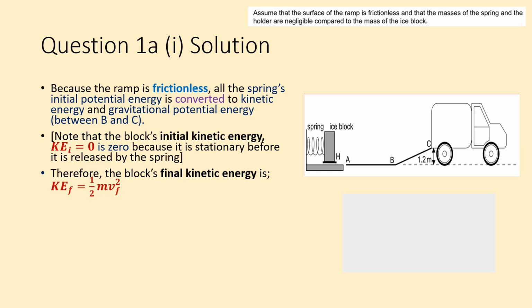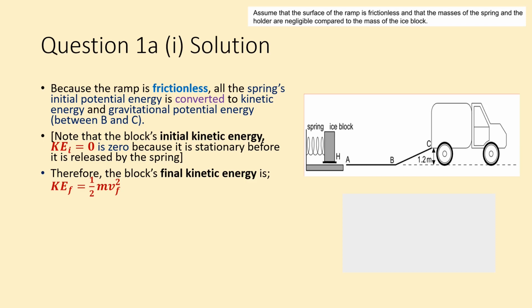It's smushed the spring to the very end, and then somebody says on your marks, get set, go. From that point where we say go, that's our reference point. At that point, the initial kinetic energy of the block is zero. It starts from zero velocity.